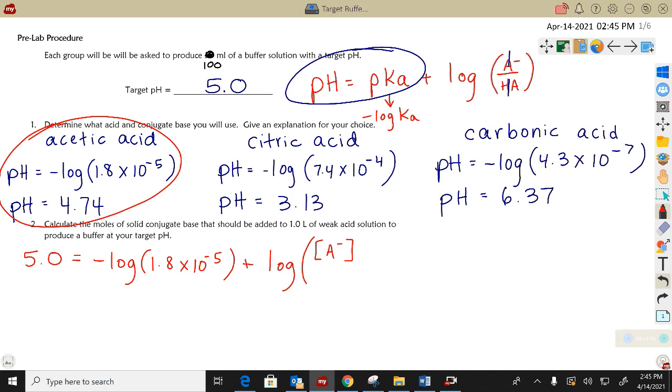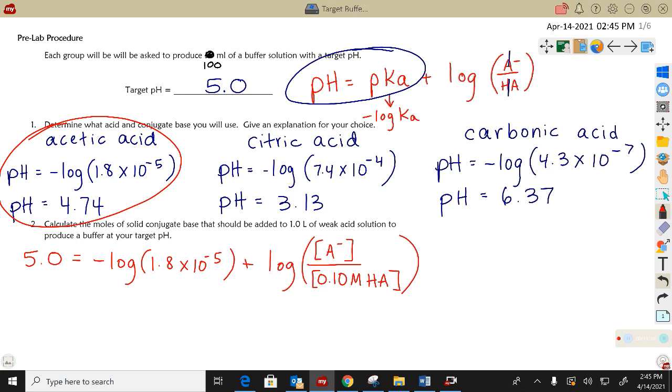Then on the bottom, if I look in the materials list, I'm going to use acetic acid, and it lists it as a 0.1 molar solution. So on the bottom, this is going to be 0.1 molar HA. They're telling me the concentration of the acid that's already in solution, that'll be 0.1 molar. And then I want to know how much base. What's the concentration of the conjugate base?